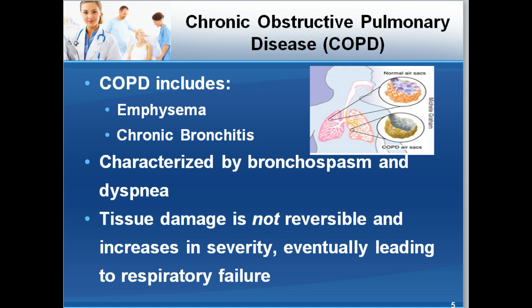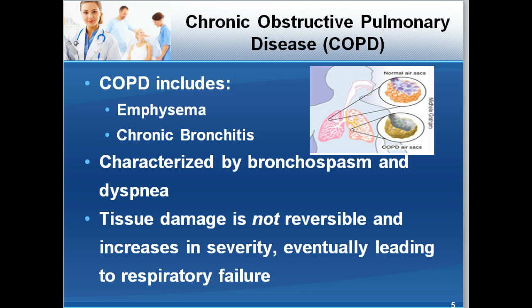Okay, to continue, like I was saying before, COPD, which includes emphysema and chronic bronchitis, is characterized by spasm and shortness of breath. COPD, which stands for chronic obstructive pulmonary disease, has two main disease processes that fall under it: emphysema and chronic bronchitis.